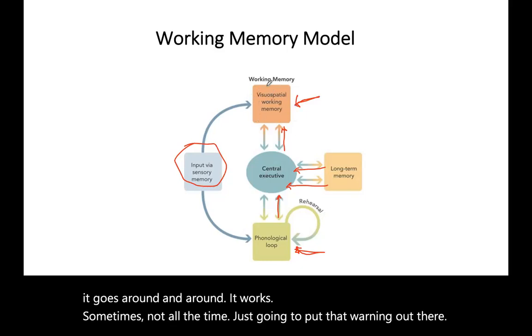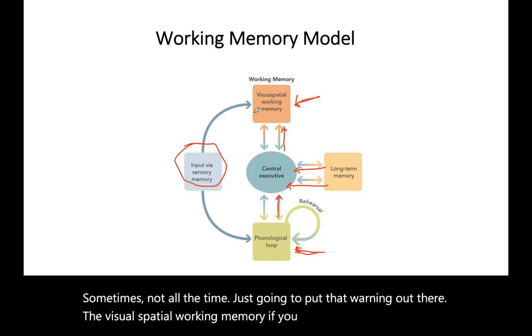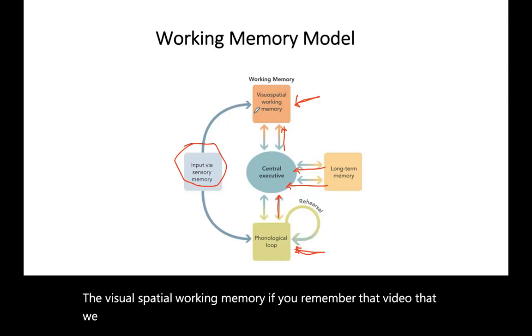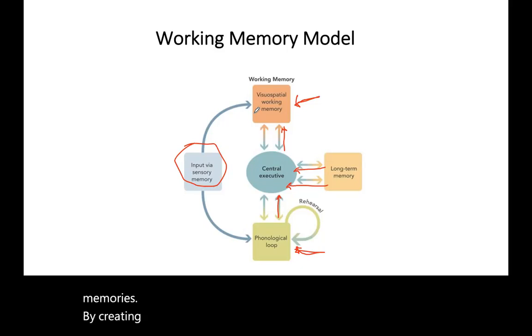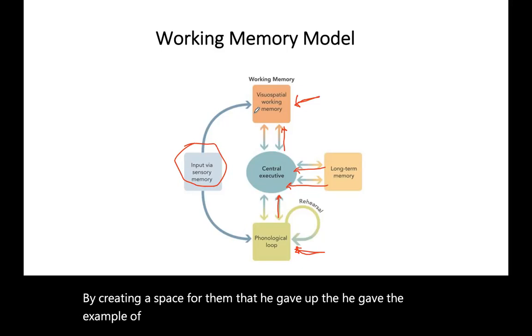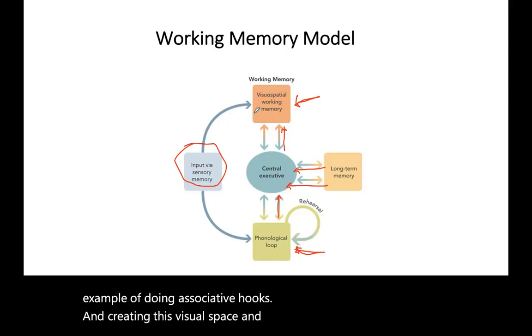The visual spatial working memory, if you remember that video that we were watching last week about how memory experts build memories by creating a space for them. He gave the example of doing associative hooks and creating this visual space in your brain where you're putting memories, okay?